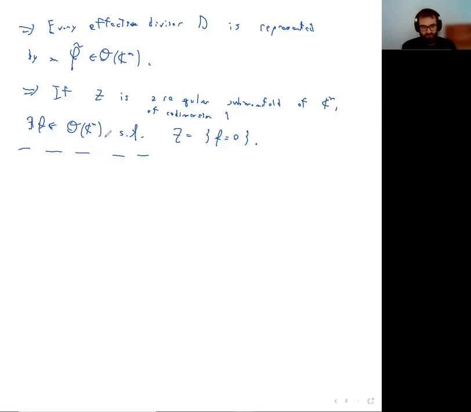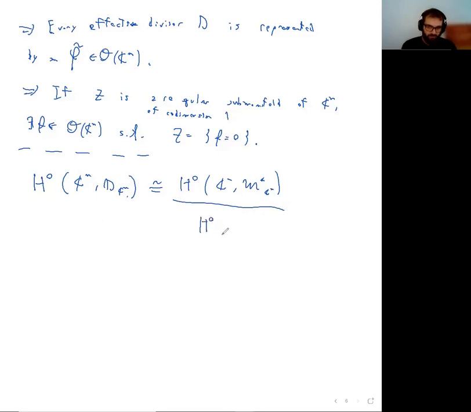Another situation where we saw divisors is, of course, the exact sequence defining divisors. One other thing we have is that if you look at the global sections of the sheaf of divisors, this is going to be isomorphic to global meromorphic functions on Cn modulo never-zero holomorphic functions on Cn. And why is this?